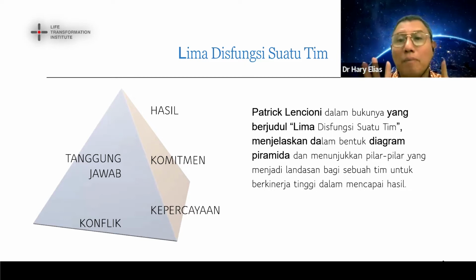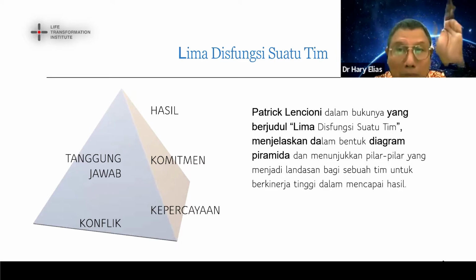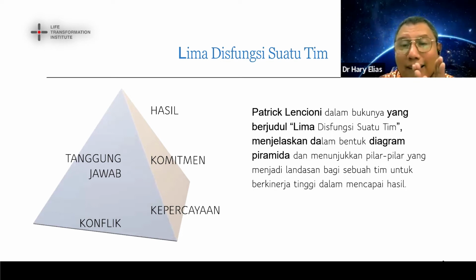He says that because you don't have hasil, a goal orientation, kerana kita tidak ada komitmen, kita tidak ada kepercayaan kepada kepemimpinannya, kerana kita tidak ada konflik yang healthy, dan kerana kita tidak ada tanggung jawab antara team members, that is why the team will fail.